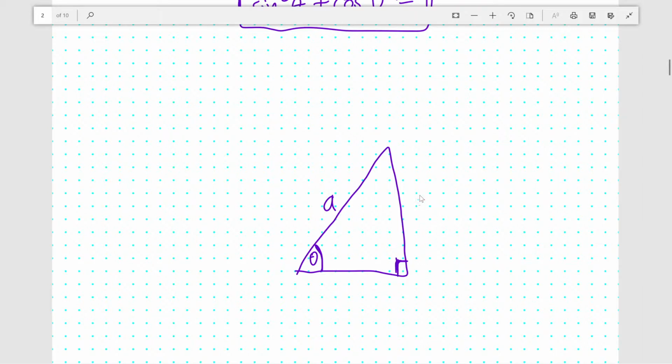Let's call this side B, and let's call this side C. Sine theta is going to be the opposite side, B, over the hypotenuse, A. And therefore, B is equal to A sine theta.